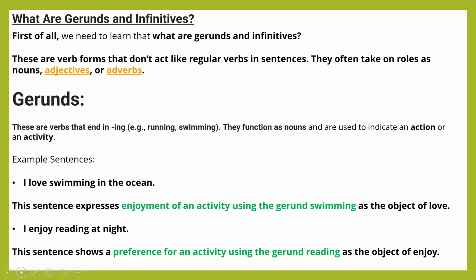Second example: I enjoy reading at night. This sentence shows a preference for an activity using the gerund reading as the object of enjoy. So these two sentences are used to indicate an action or an activity.